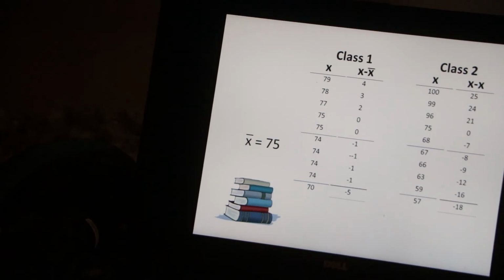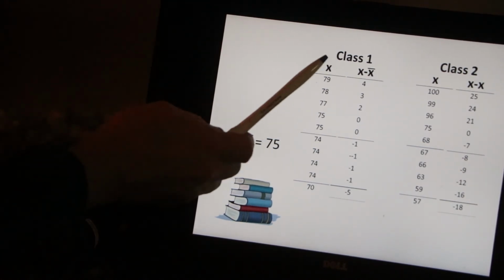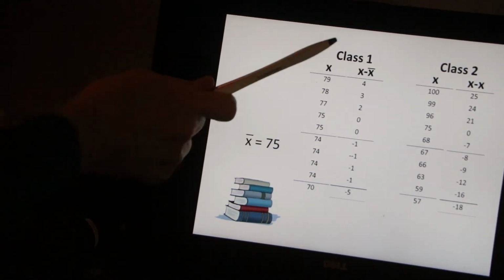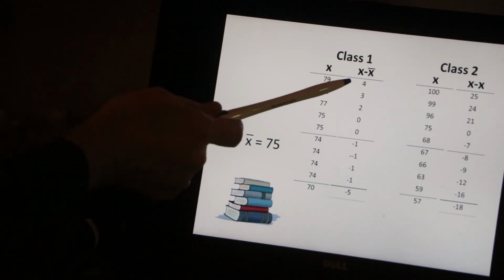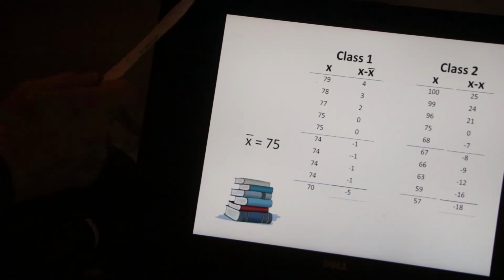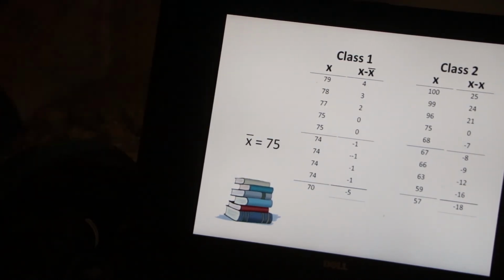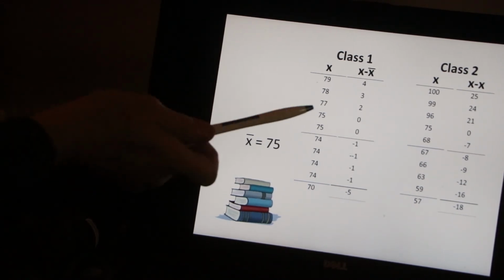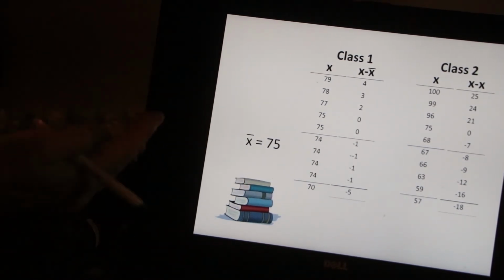So if we take the two classes and subtract the mean, which was 75, from every single score, you can get a sense of how far every score was from the mean. So 79 minus 75 was 4, 78 minus 75 was 3, all pretty low numbers. If you ignore the negative signs either way, they're low values.